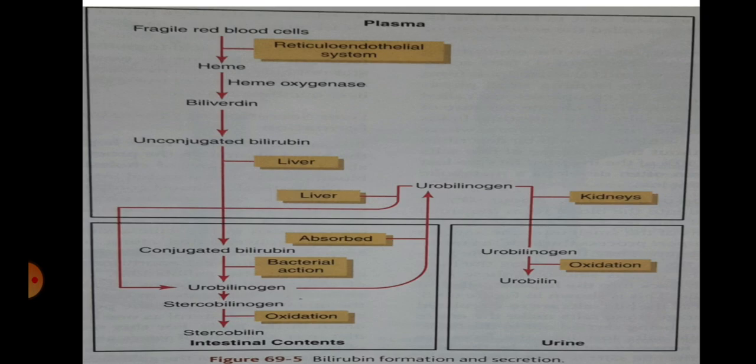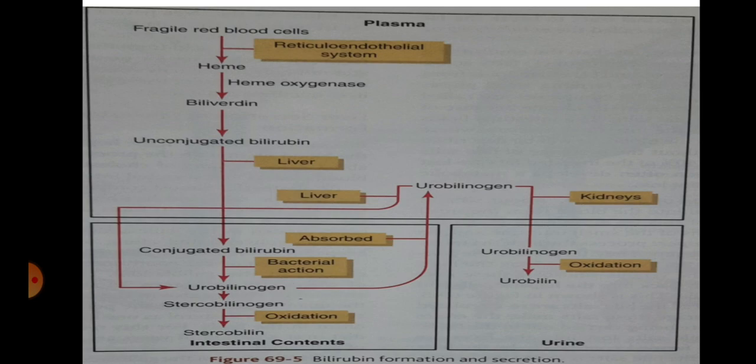Now have a look at the formation and fate of urobilinogen. Once in the intestine, about half of the conjugated bilirubin is converted by bacterial action into urobilinogen, which is highly soluble. Some of the urobilinogen is reabsorbed through the intestinal mucosa back into the blood. Most of this is re-excreted by the liver back into the gut, but about 5% is excreted by the kidneys into the urine.